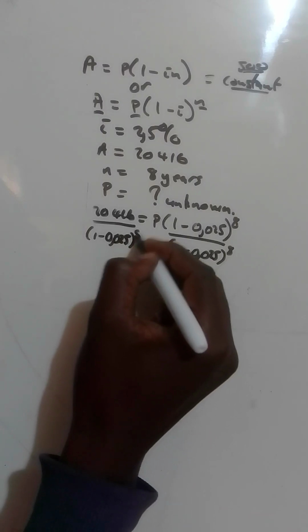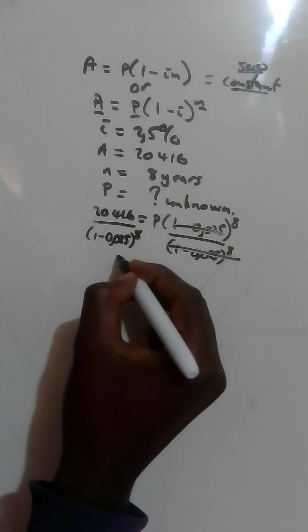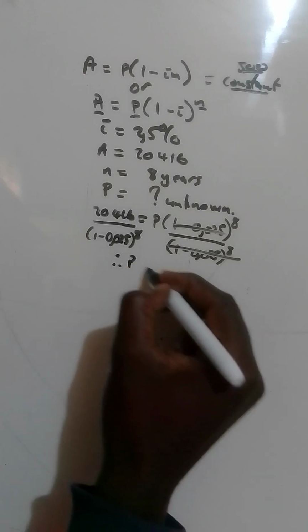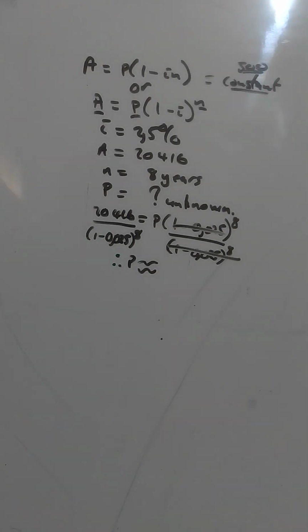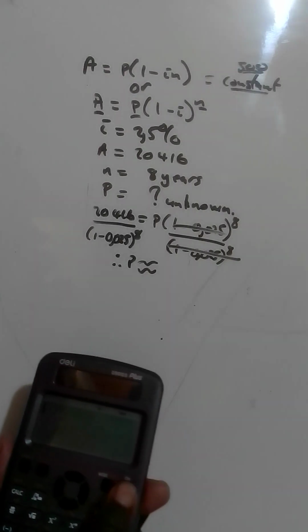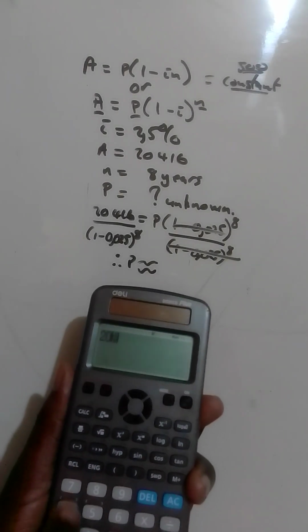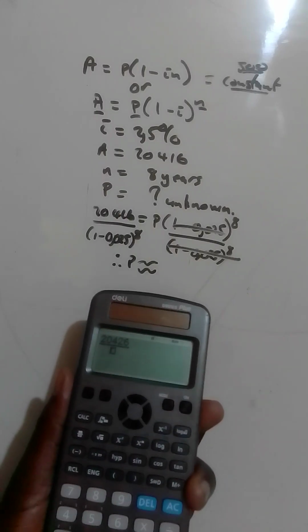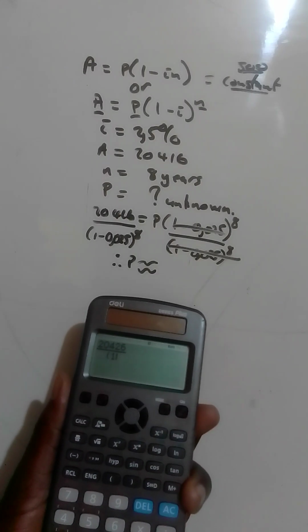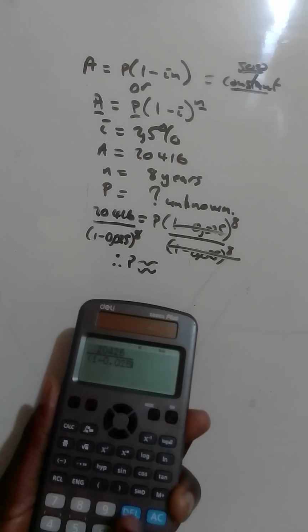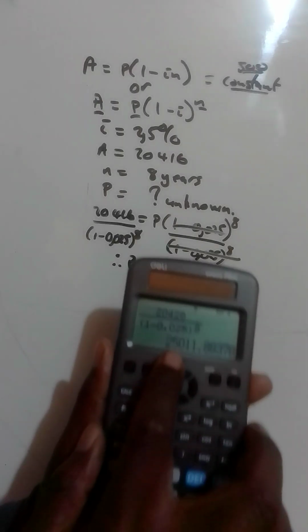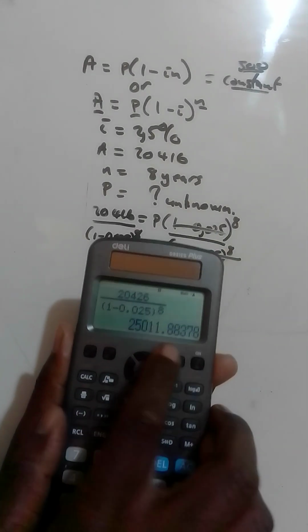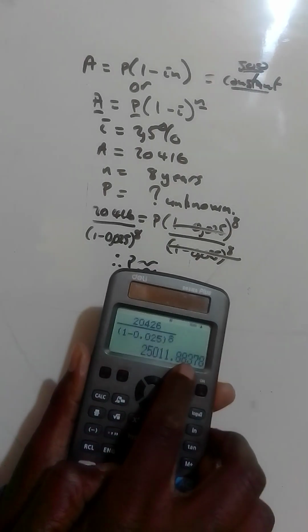These two cancel, so therefore I can conclude that P is approximately, because like I said, we are not certain about the figure, 20,416 divided by open bracket 1 minus 0.025 close bracket to the power 8, which is equal to approximately 25,011 bees.